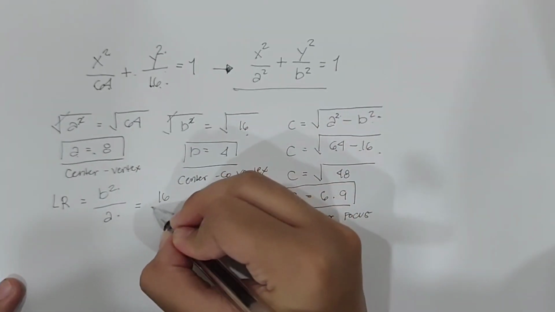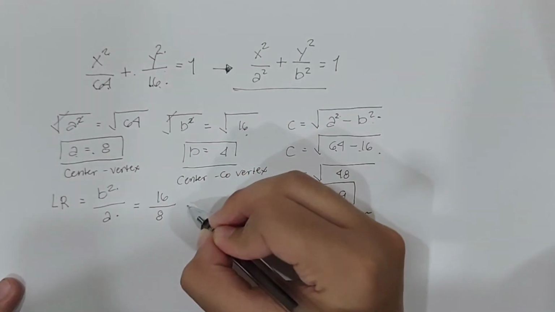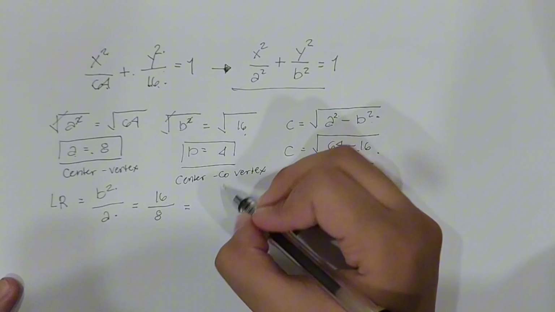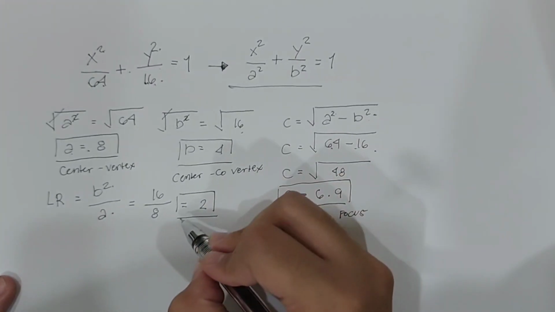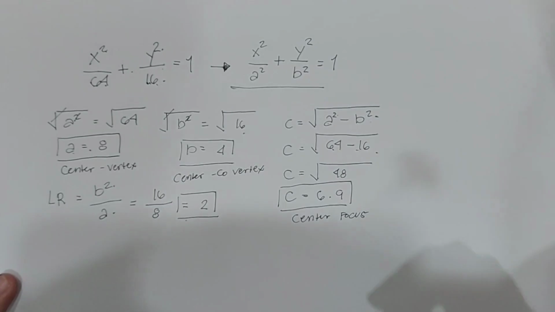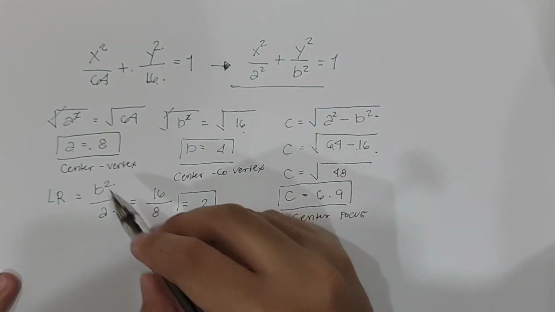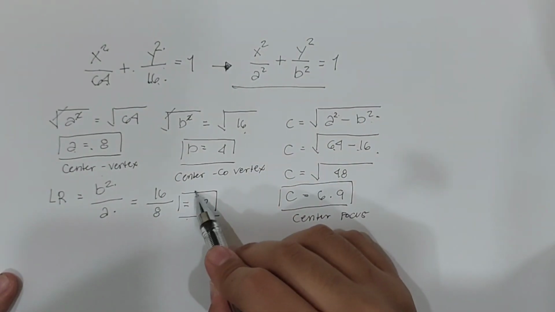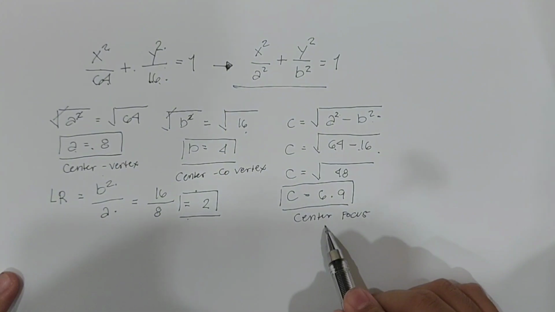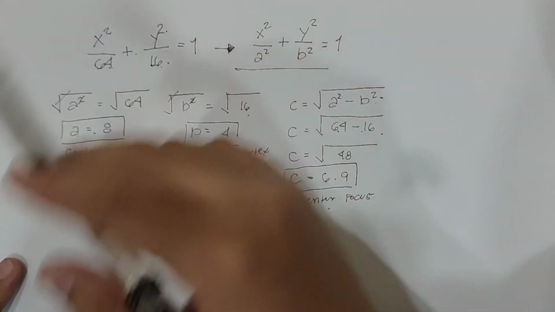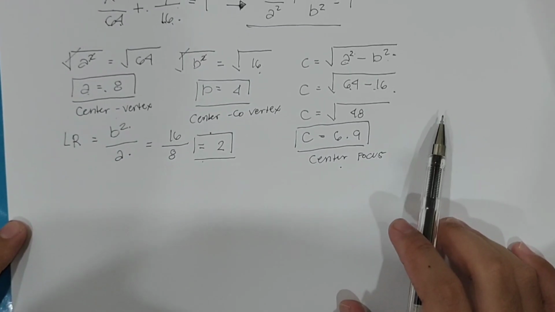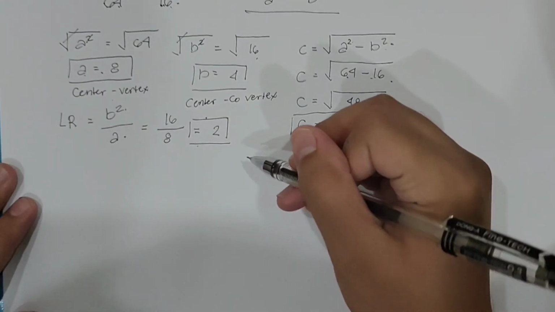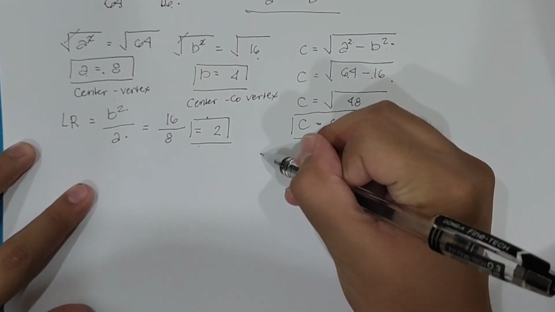So 16 over 8, 16 divided by 8 is 2. So this is our latus rectum, our center vertex, our center co-vertex, and our center focus. Now that we finally finish our solving, we're going to move to graphing. So we'll start with our graph.